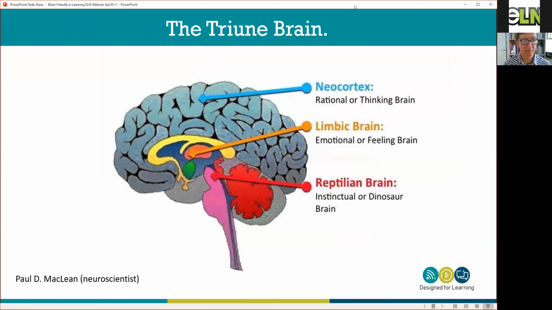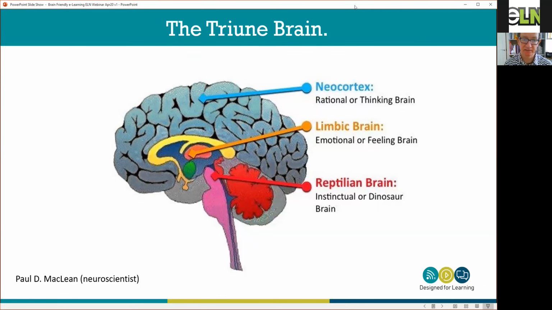A chap called Paul MacLean, a neuroscientist, came up with the idea of what they call the Triune Brain. They think maybe the brain evolved so that we started out with a reptilian brain and then developed what we call a limbic brain, or an emotional feeling brain, sometimes called a mammalian brain. And then finally we had the human, thinking brain. We think that in the last thousands of years, it's the neocortex that really developed way ahead of anything else we had before.